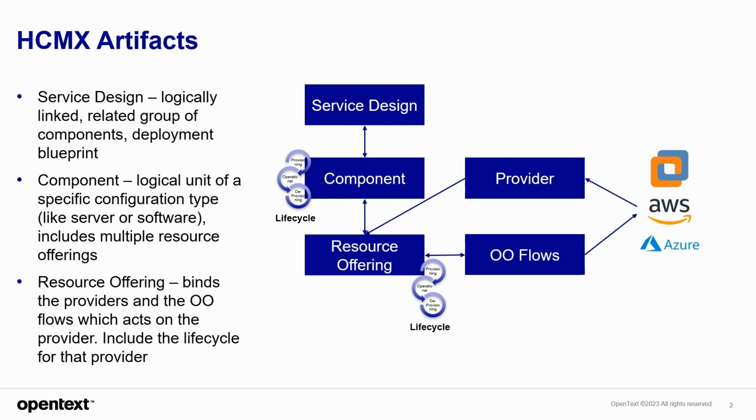These are logically linked and grouped together, and it will have all the links from parent to child. So all those links you can create, and then create the dependency graph between these components using the service design. So service design is a high-level logical entity which binds all these components together.